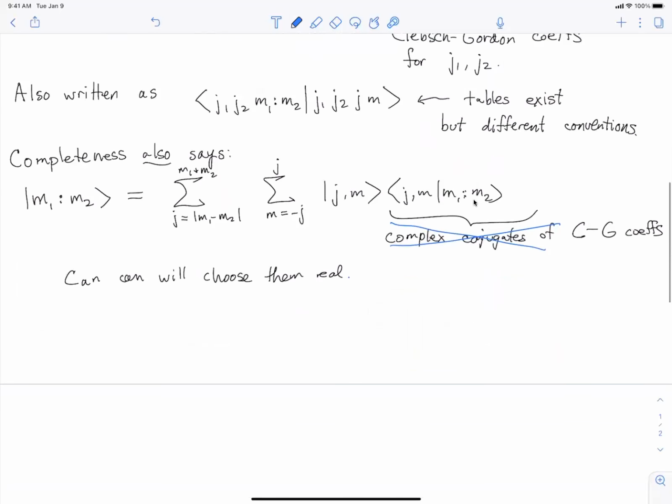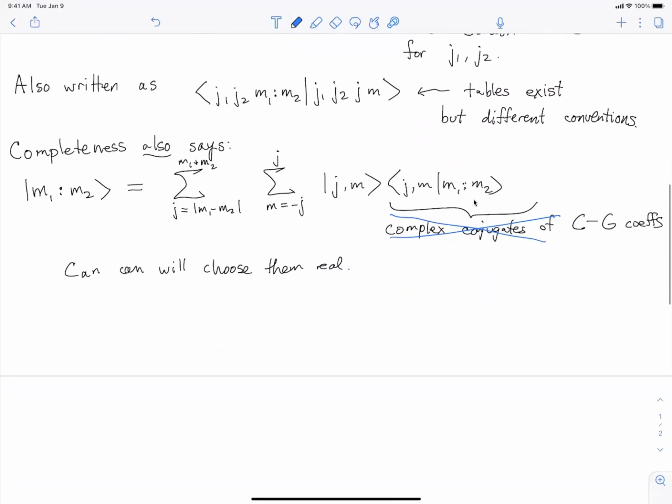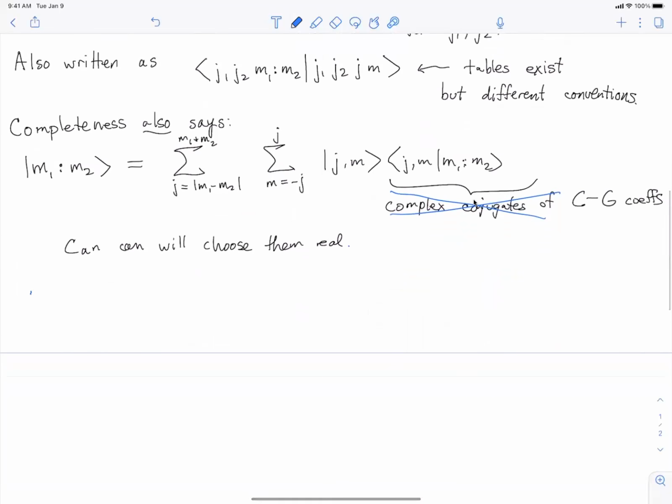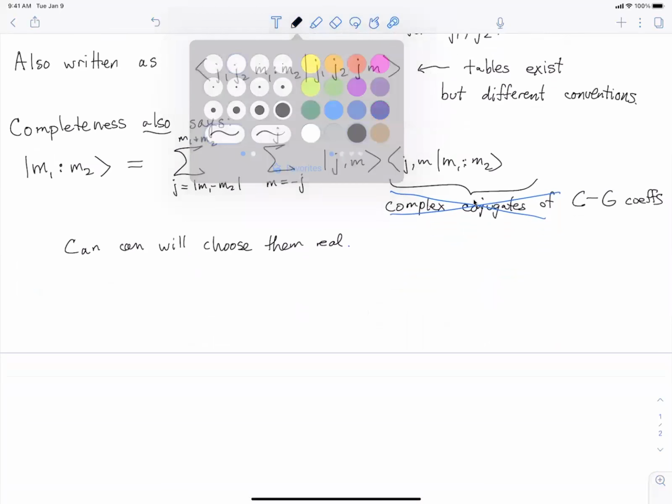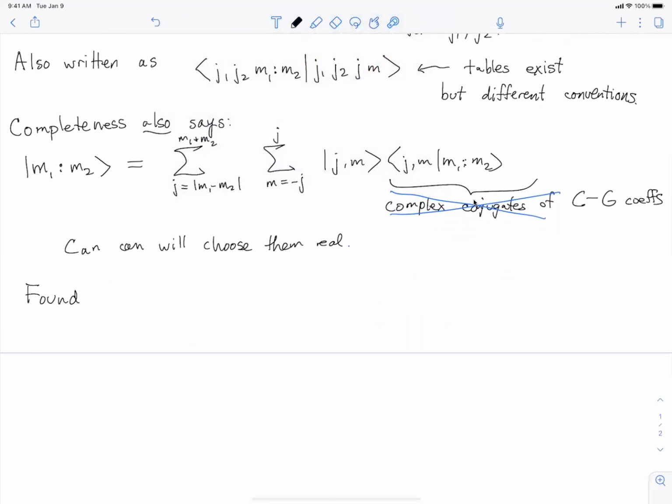So we've already done basically the work of finding the Clebsch-Gordon coefficients for some special cases. We have found so far the following special cases. First of all, we did the direct product of two spin 1/2, and that gives total spin 1 and total spin 0.